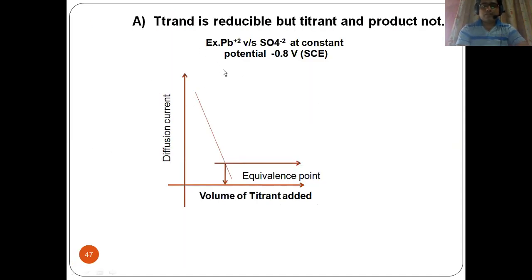As the initial lead concentration is higher, the diffusion current is also higher. As the volume of sulfate added increases, the diffusion current of the lead ion decreases as the concentration of lead ion decreases. At the equivalence point it is a minimum value, and after that, as both the titrant and product are not reducible, we get a straight line.